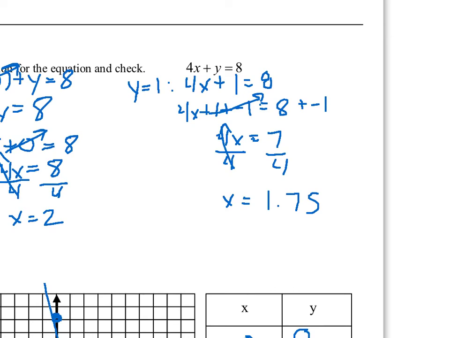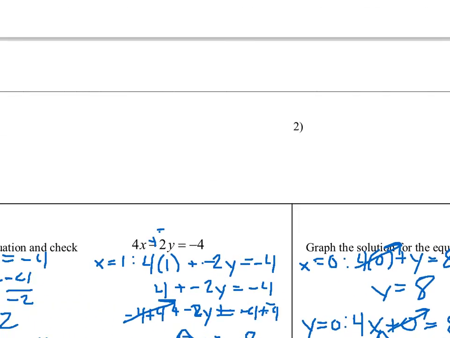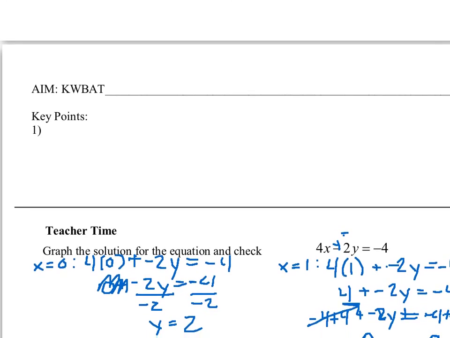Okay, so let's hit some key points about graphing standard form equations using plug and chug. Remember that one of the most important things about graphing standard form equations, or graphing any equation, is choosing appropriate values. So that's definitely going to be one of our key points. So who's got the key point on that one? I'm not going to give it to you.